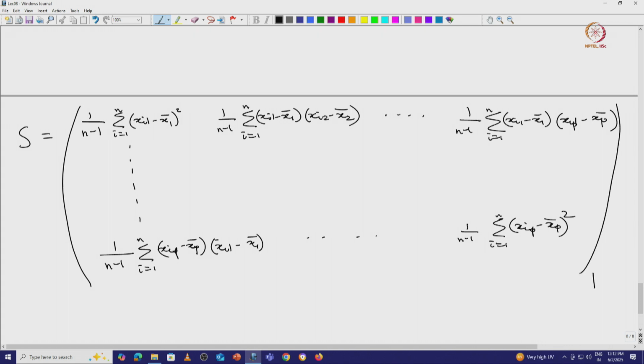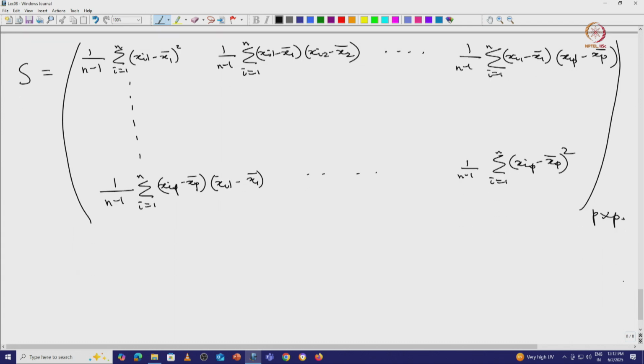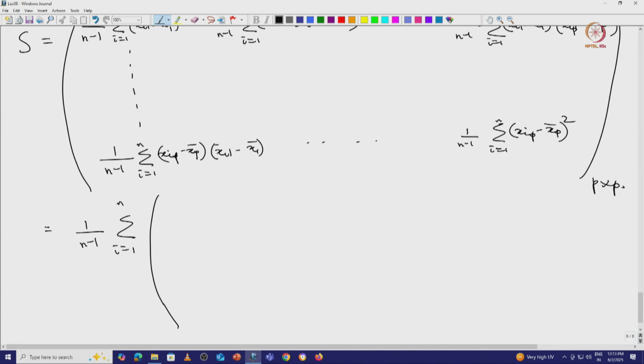Okay. So, like I said, this is a p by p matrix, and this can be obtained as 1 over n minus 1 sum i going from 1 to n, the product of one column vector, which is (x_i1 minus x1 bar), (x_i2 minus x2 bar) up to (x_ip minus xp bar), times a row vector.